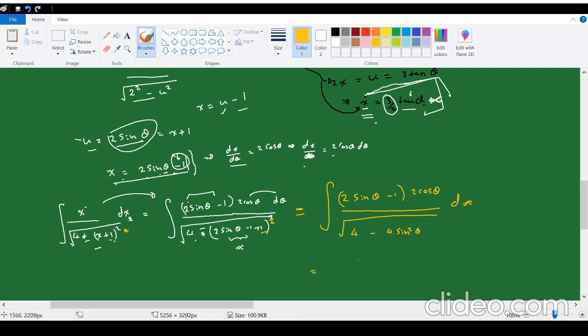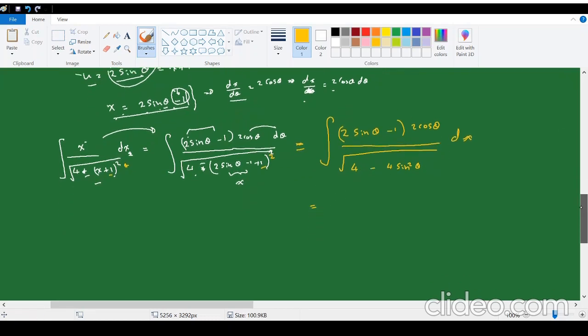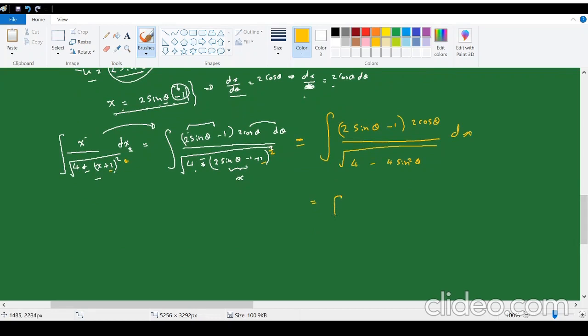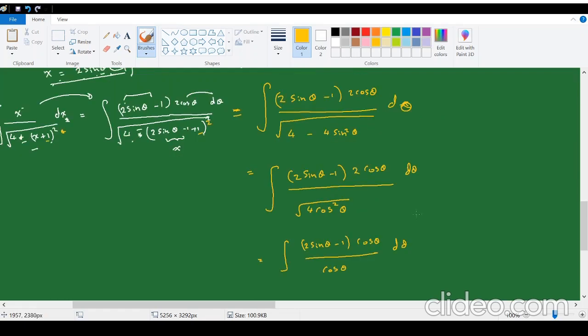So now you can use our familiar trigonometric identities to simplify this a little further, right? When solving the square root, you will have a modulus for cos theta, but with the choice of the angle, that modulus can be removed.